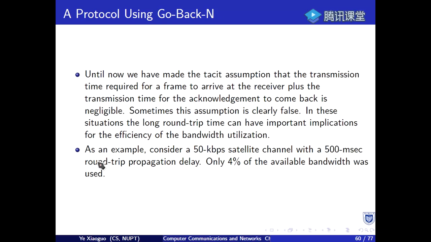In these situations, the long round-trip time can have important implications for the efficiency of the bandwidth utilization. As an example, consider a 50 kbps satellite channel with a 500 millisecond round-trip propagation delay. Only 4% of the available bandwidth was used.